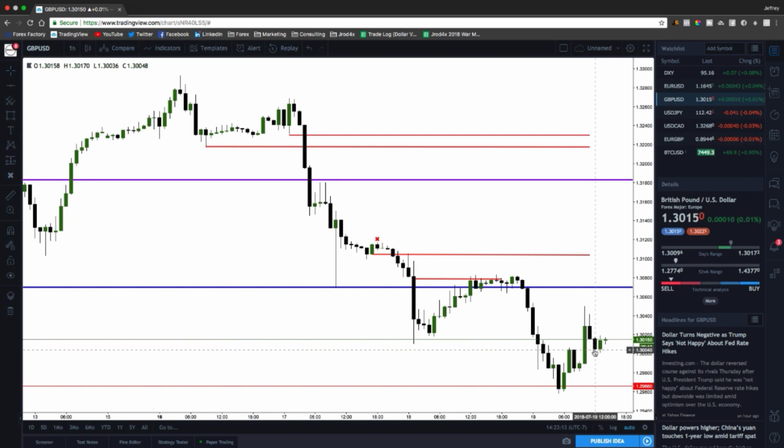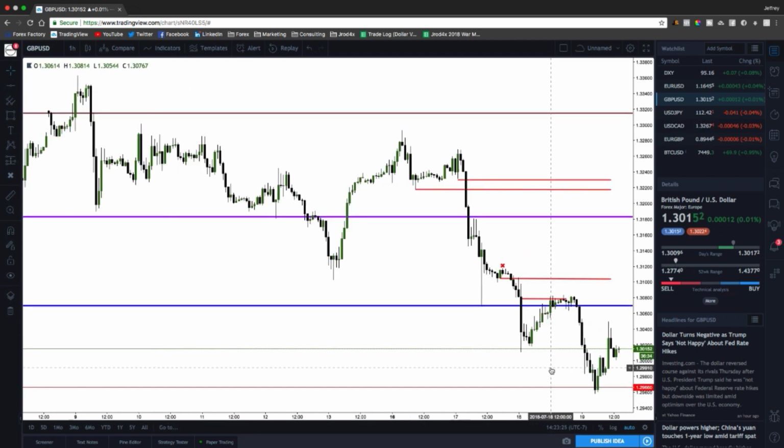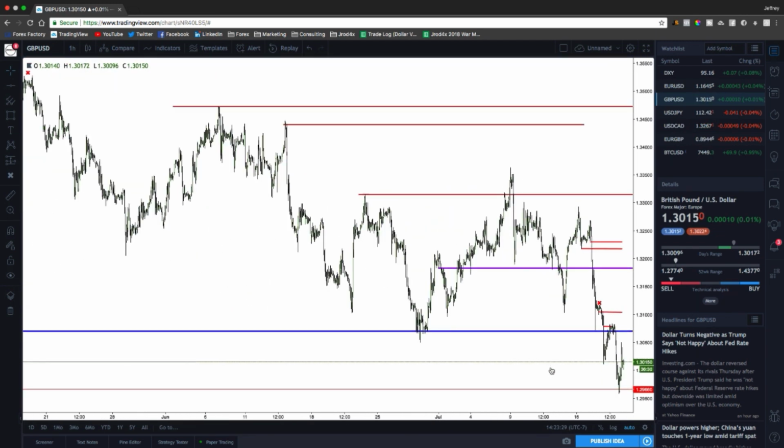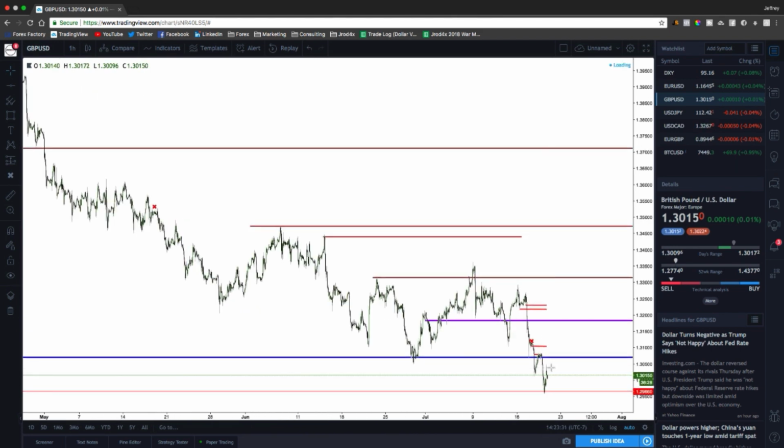So again, I'm not saying that this is the low, but we have to take into consideration that this traded into a daily ICT bullish order block, clearing out a lot of liquidity below the market. So if we cleared out a bunch of liquidity below the market, where is all of the next liquidity going to be? Everyone who sold the whole way down, right?